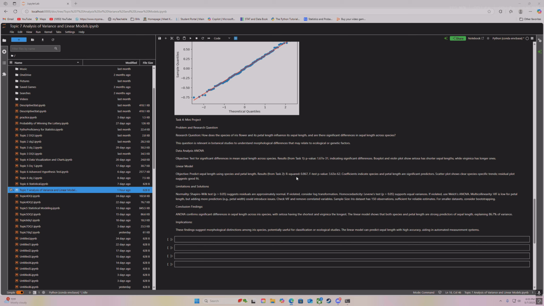For our task 4, our mini project, we ask ourselves the question: how do species and petal length influence the sepal length? ANOVA confirmed significant differences, with the setosa shortest and the virginica the longest. The linear model with an R squared of 0.867 shows that species and petal length strongly predict the sepal length.